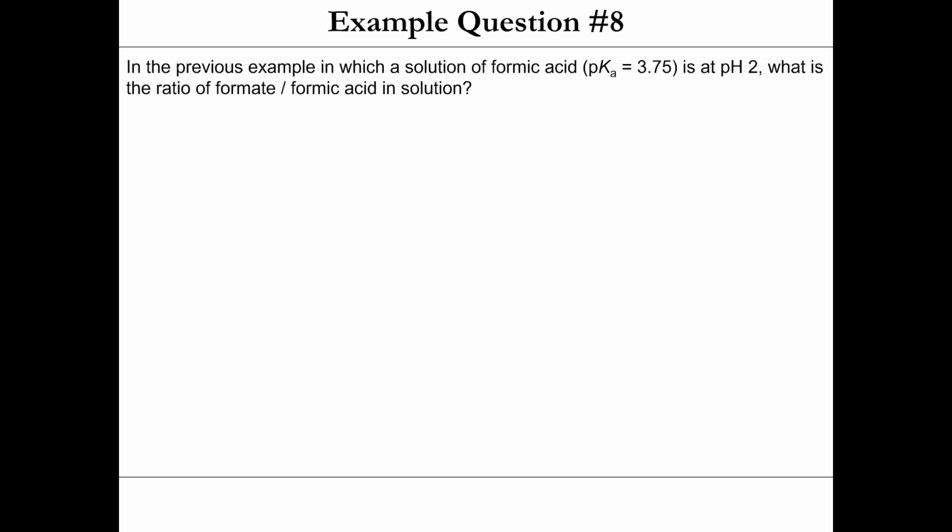Now, we know we can answer this by using the Henderson-Hasselbalch equation. So, pH equals pKa plus the log of this ratio, A minus over HA. It's the conjugate base over the acid.